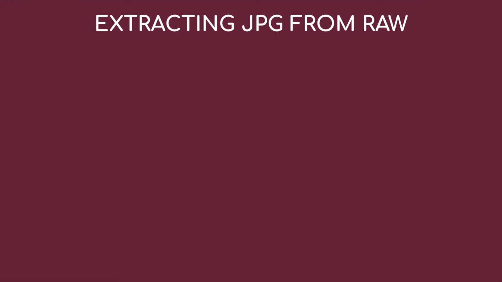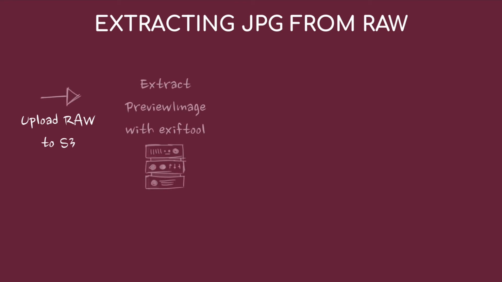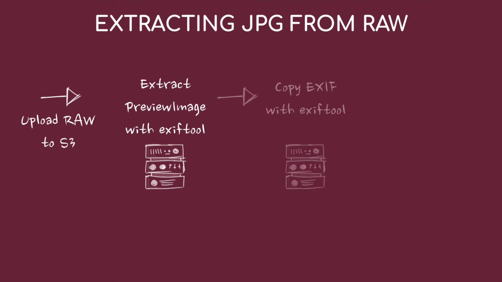So the next step, extracting the JPEG from the RAW. RAW files, we just cannot view those straight away from the browser, especially because those are in a deep archive. But luckily there's a way to get the JPEG image from the RAW. So first, when we upload the RAW to S3, we can use ExifTool to get the preview image.